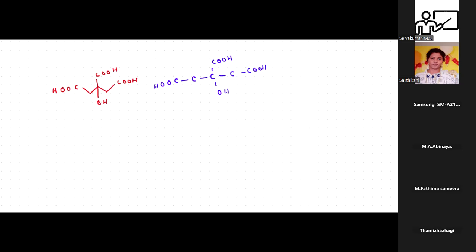So now hydrogens are to be filled. So the molecular formula is COOH, CH2, C, COOH, OH, CH2, COOH.